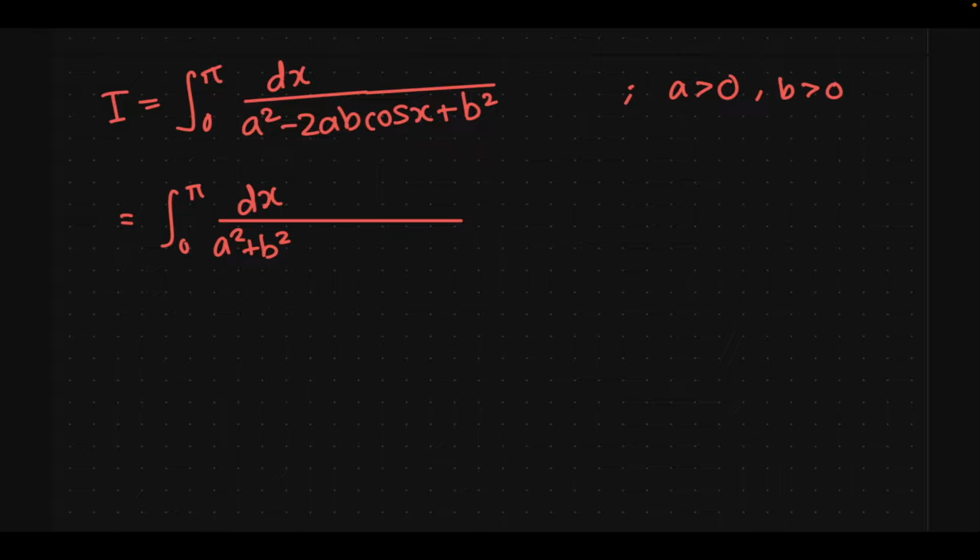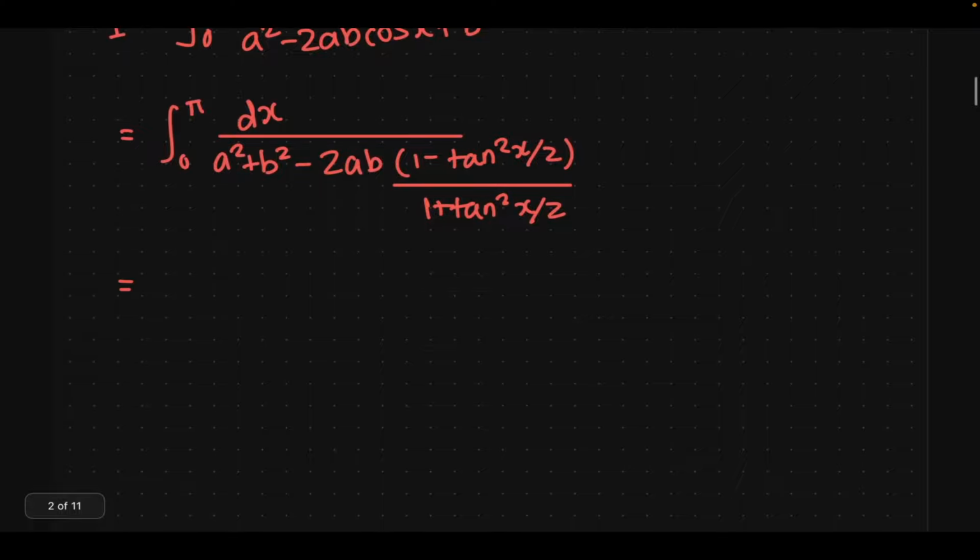Okay, and then we'll have a negative 2ab. And now the cosine will be expressed as 1 minus tan squared x by 2 using an identity, divided by 1 plus tan squared x by 2.